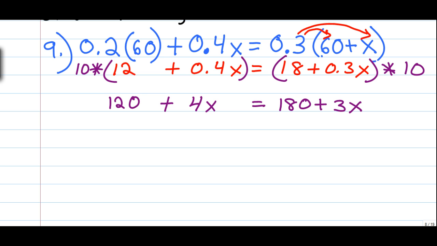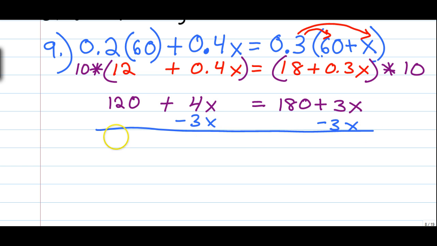Alright, now that we know this, let's go on and continue to solve our problem. We have a 3x and a 4x. We'll move the 3x to avoid creating a negative sign. So we'll do that by subtracting 3x off both sides. That 120 carries down.